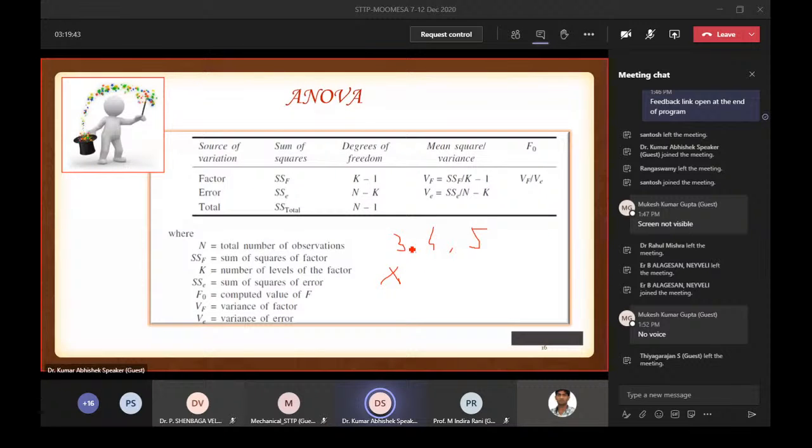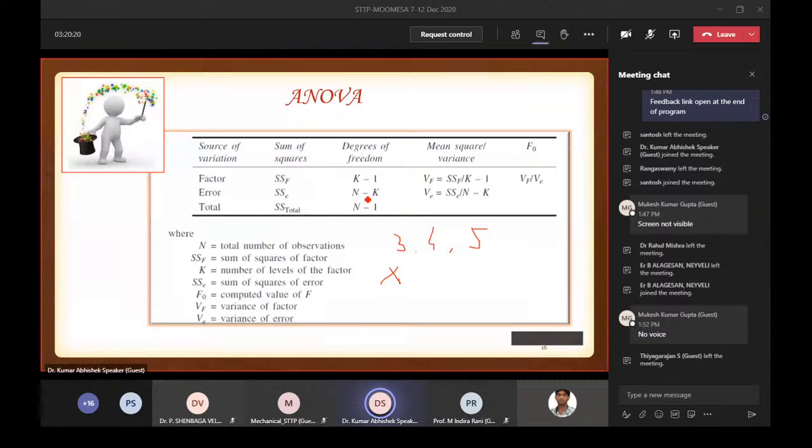In kinematics also you find that there is a degree of freedom, and you can explain it as how much you can interact with the others apart from yourself. Suppose this factor is x and its level is 3, so along with 4 and 5 it can interact in two ways. So to determine the degree of freedom, it is the number of levels of that factor minus 1.